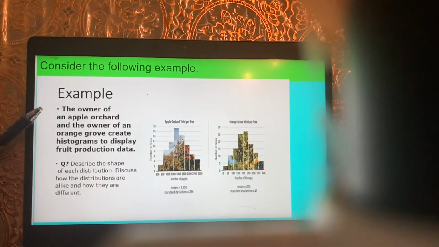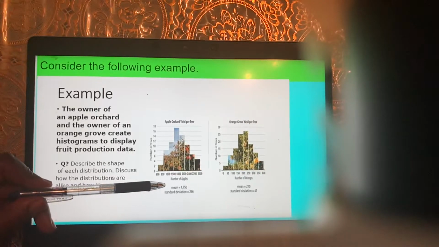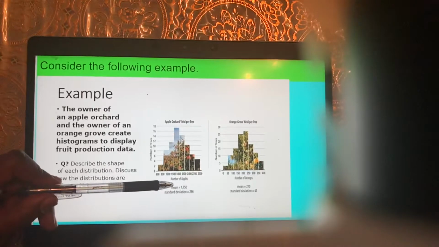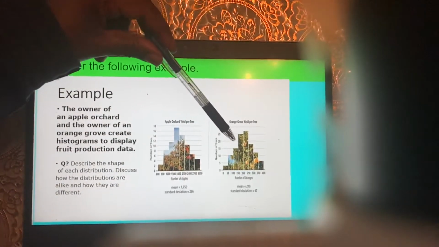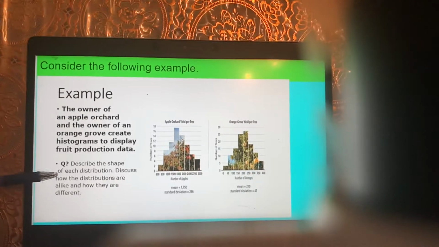For instance, here the owner of an apple orchard and the owner of an orange grove create histograms to display fruit production data. Say the mean for the apple trees is 1750. The mean for the orange tree yield is 210. Describe the shape of each distribution.